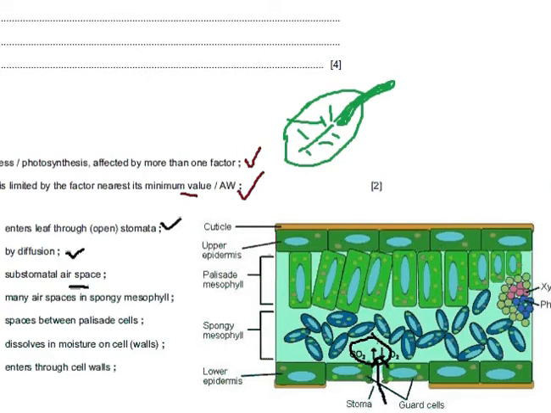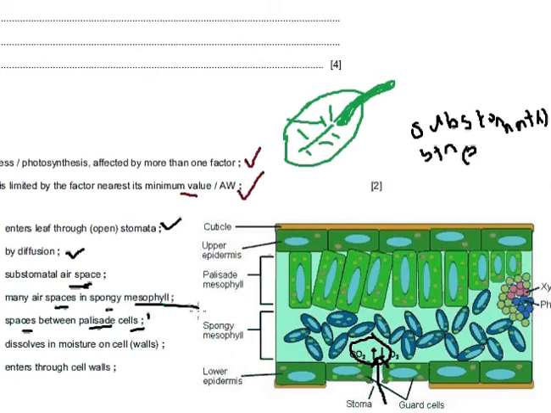So we have three regions for airspaces: substomatal, between palisade cells, and in the spongy mesophyll.